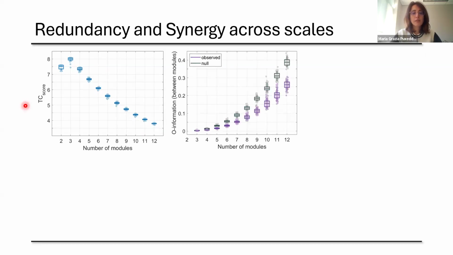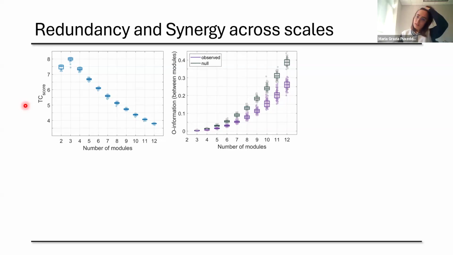And we also observed how the synergy across modules varies with spatial resolution. To compute that, we used as a proxy the O-information, which is also derived from entropy and total correlation, and is a proxy of synergy. When it is negative, it denotes synergy among the time series of the subsets.